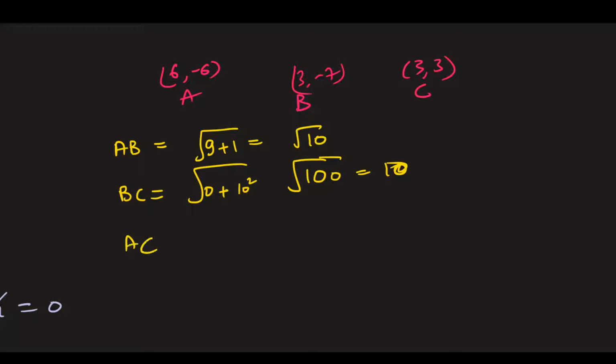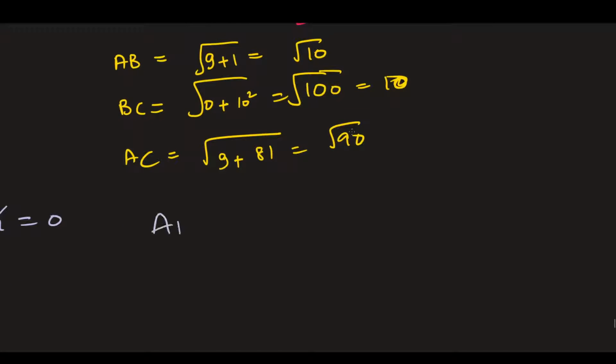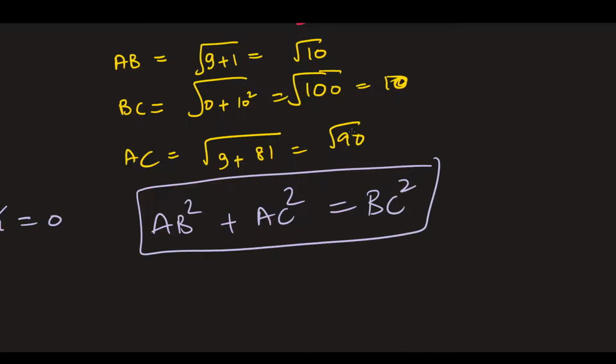And AC is root of 81 plus 9, that is root 90. As we can see, AB square plus AC square is equal to BC square. BC square is root 100 whole square, that is 100. AB square is 10, AC square is 90, so 10 plus 90 is 100.